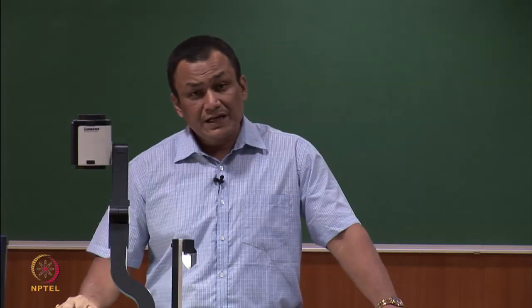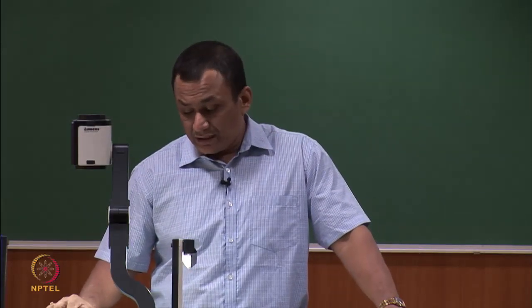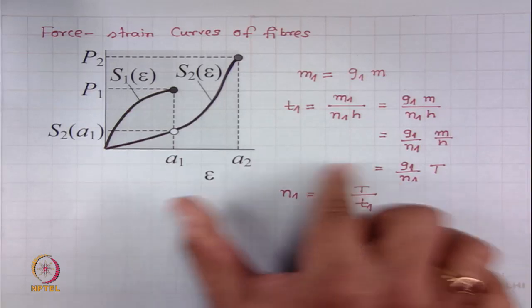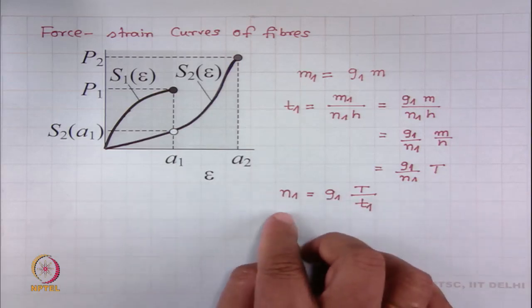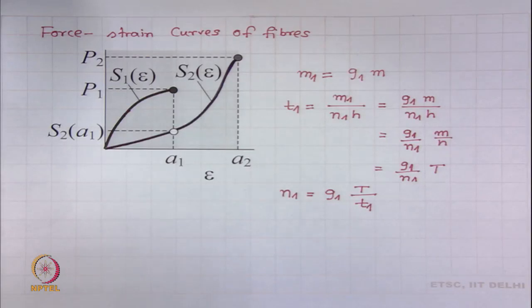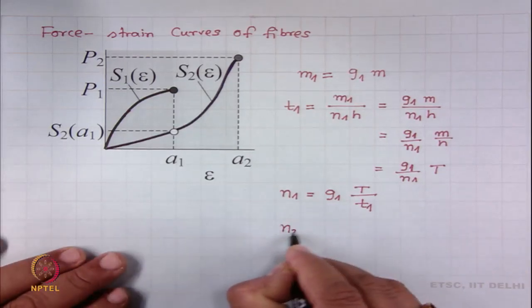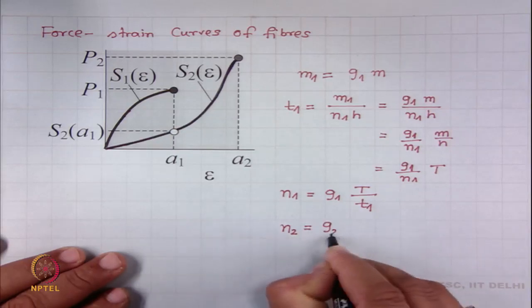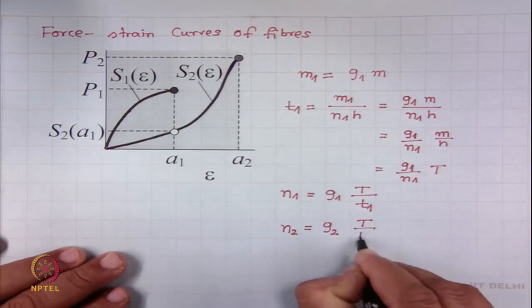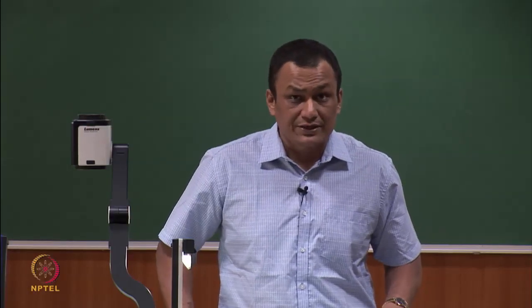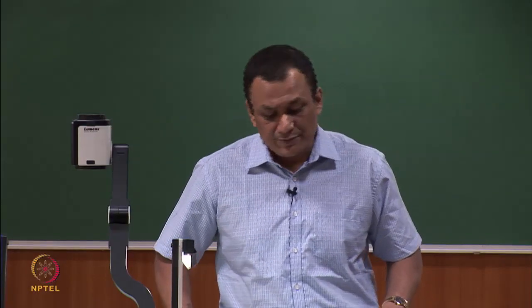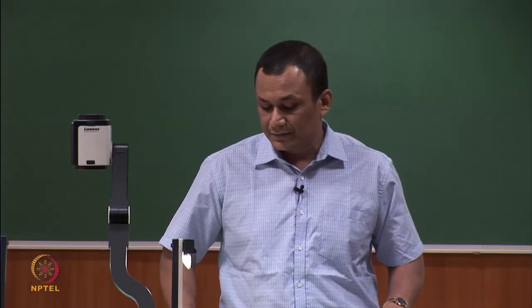So, small g1, capital T, small t1 are all known quantities. So, using these known quantities you will be able to calculate how many type 1 fibers are present in the bundle. Similarly, we can write N2 is equal to G2 capital T by t2. So, by using these relations one will be able to calculate how many type 1 fibers and how many type 2 fibers are present in the bundle.